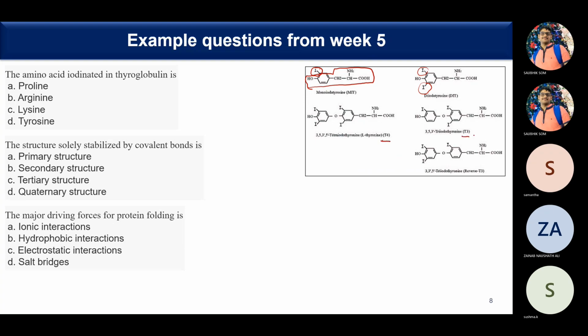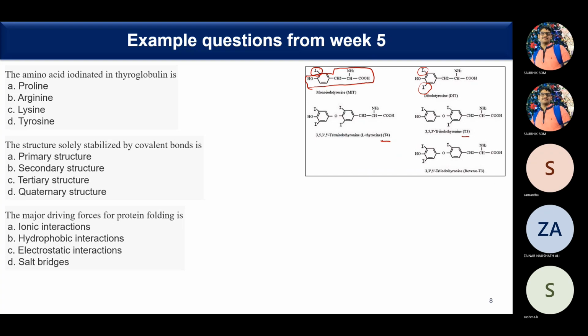So then that will be T4 and T3: 3,5,3',5' tetraiodothyronine, the T4, and the T3, 3,5,3' triiodothyronine.